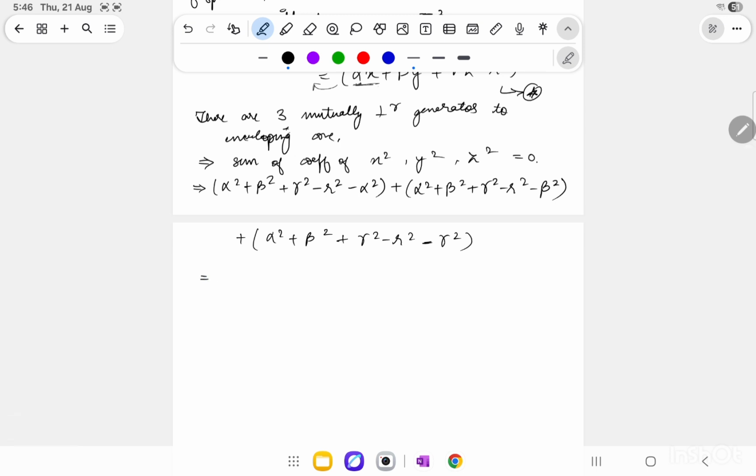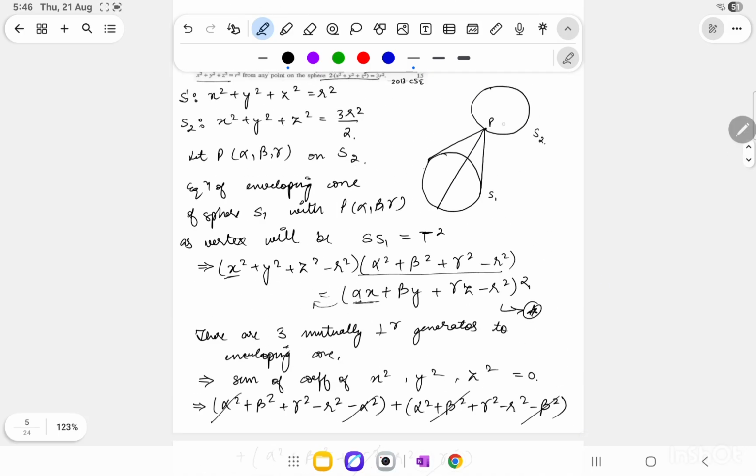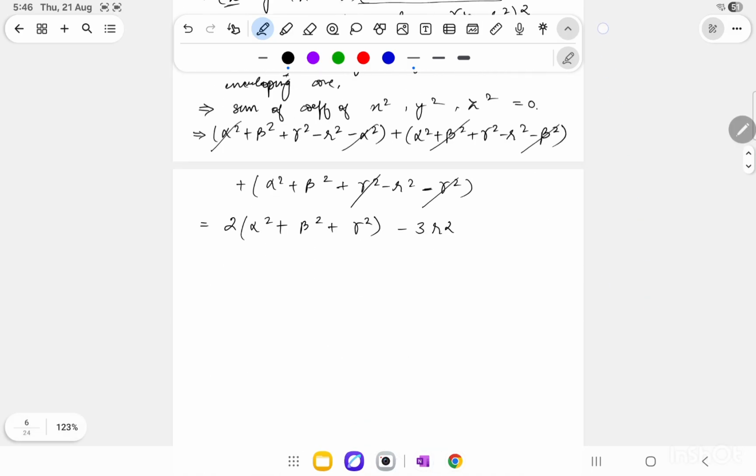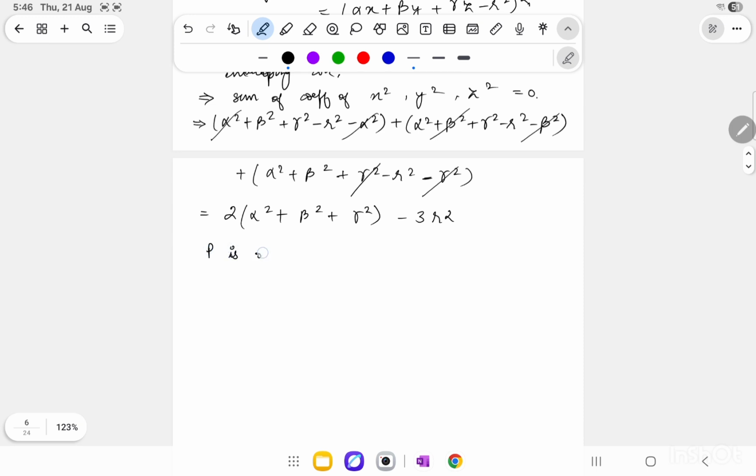If we simplify, alpha square balances out this one, beta square balances out this one, likewise gamma square balances out this one. So we are left with 2 into alpha square plus beta square plus gamma square, minus 3 r square. But since this point P is lying on sphere S2, point P must satisfy the equation of sphere S2.